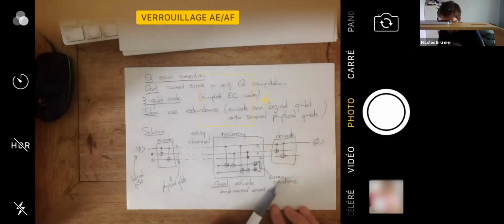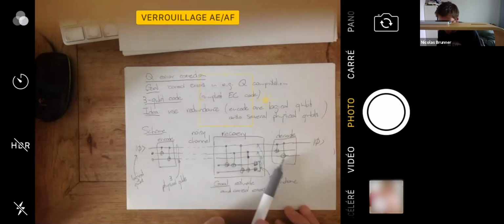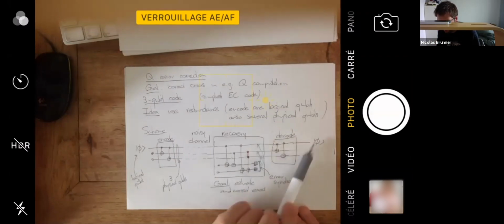Once I did that, I have my 3 physical qubits that are now error corrected. And the final stage is the decoding, which is the same as the encoding. If I wanted to get my 3 physical qubits back to a single logical qubit, I would do it this way.